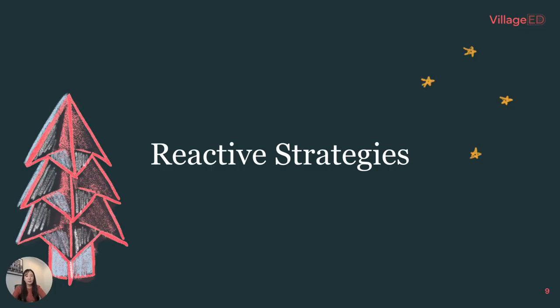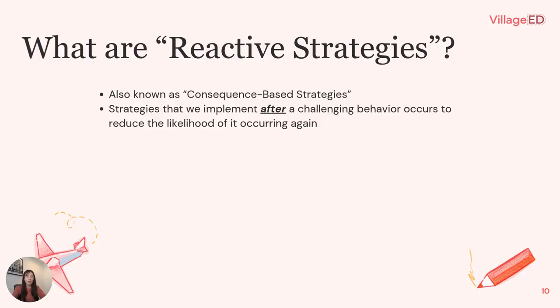So now that we talked about the functions of behaviors and the ABC contingencies, let's jump into the different reactive strategies. So what exactly are reactive strategies? These are also known as consequence-based strategies. These are strategies that we implement after a challenging behavior occurs to reduce the likelihood of it occurring again.